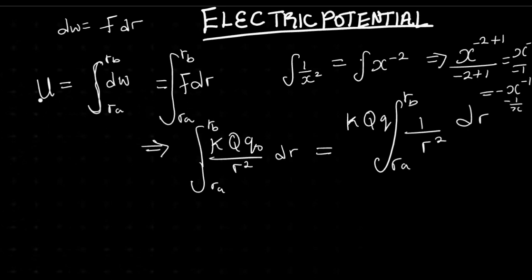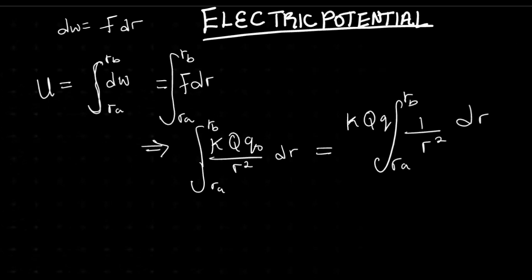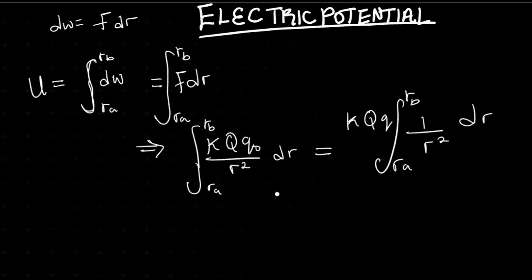Knowing fully well, knowing this, let's apply this to this integral, right? So applying this to this integral, what we'll have here is k, q, right? So this place will now be minus 1 over r, but we still have our limit, right?